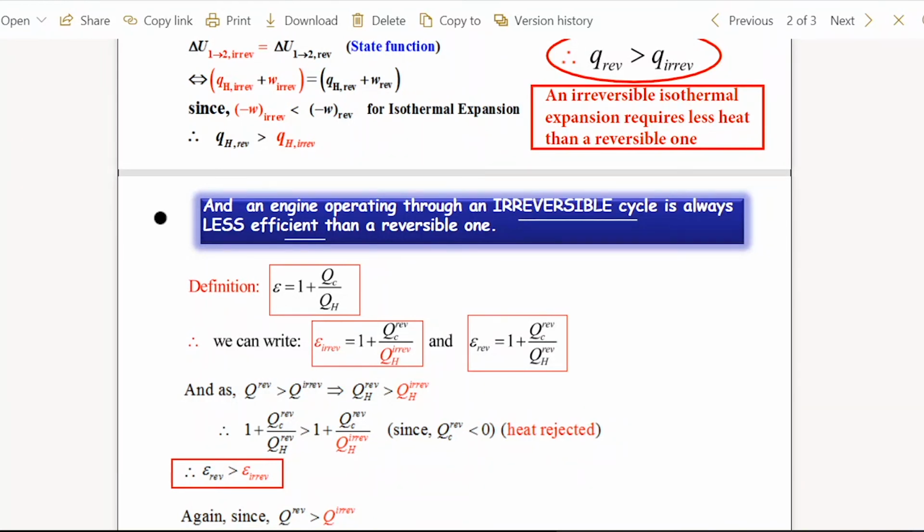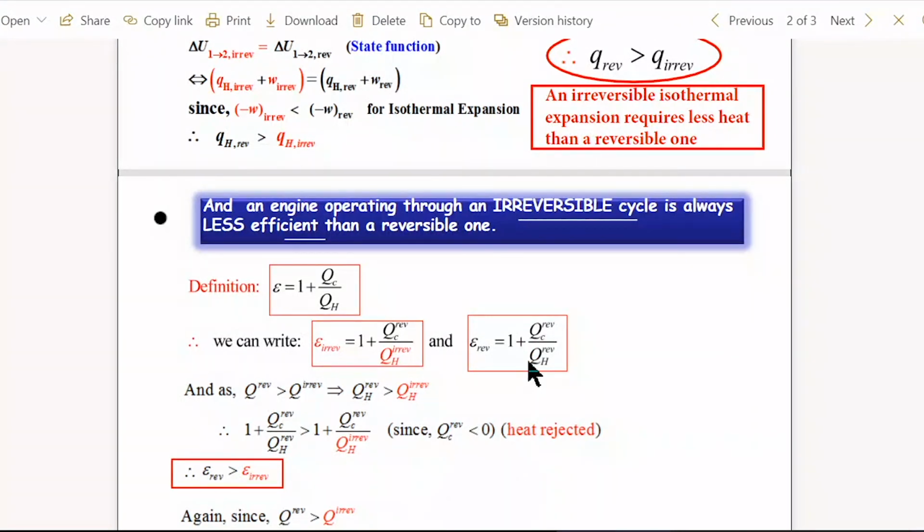And which is greater? This is greater, right? Are you with me? Yes, ma'am. This is greater, and if this is greater, the entire fraction will be smaller.